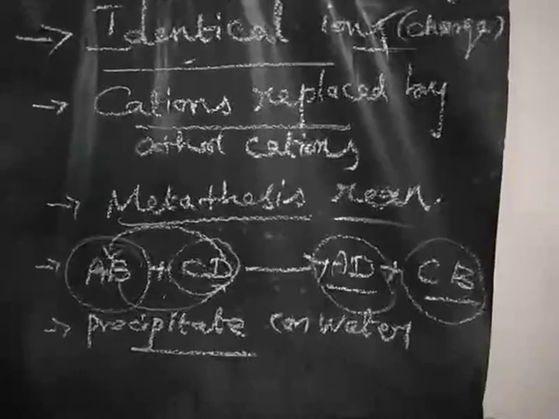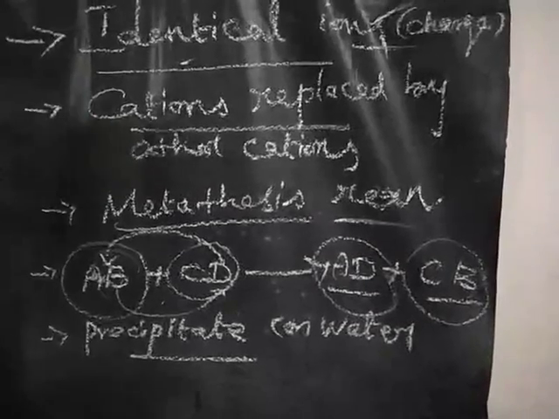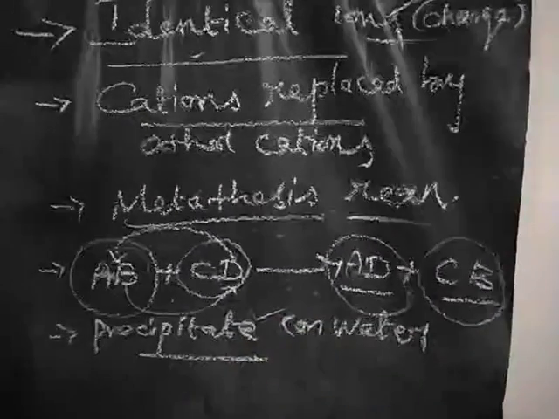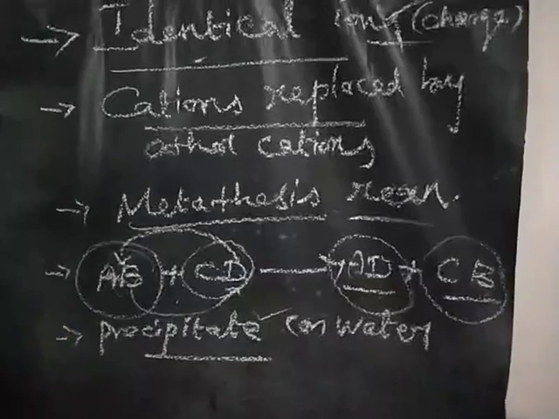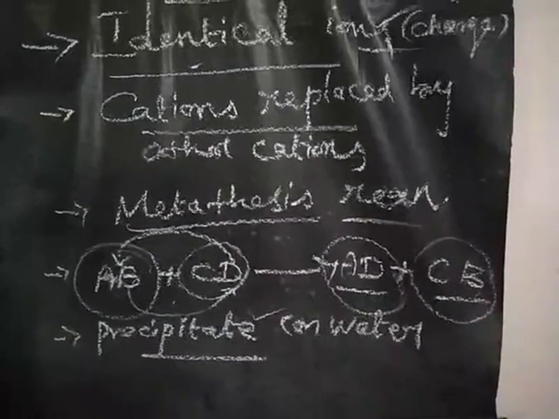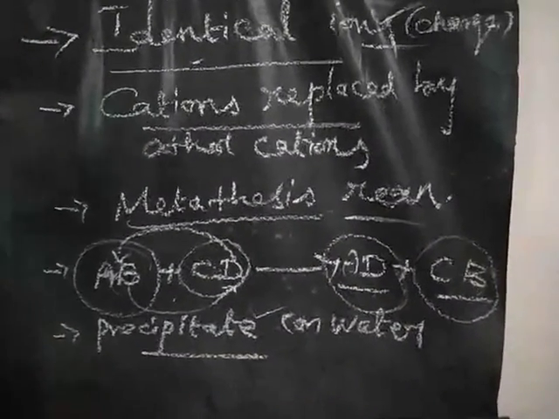In double displacement reactions, one of the products may be a precipitate or water. A precipitate is in the solid state only.